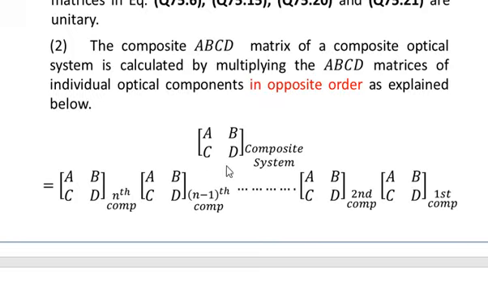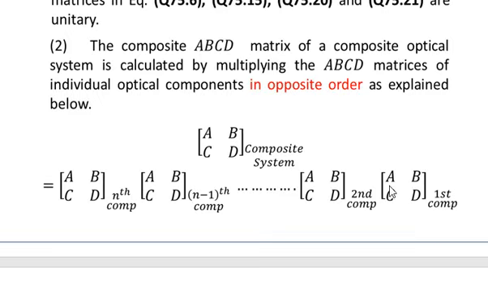So ABCD of a composite system consisting of many optical elements is equal to the ABCD matrix of the nth component multiplied by the ABCD of the n-1th component, and so on, multiplied by the ABCD of the second component multiplied by the ABCD of the first component. And this first component is the first component that is encountered by the ray.